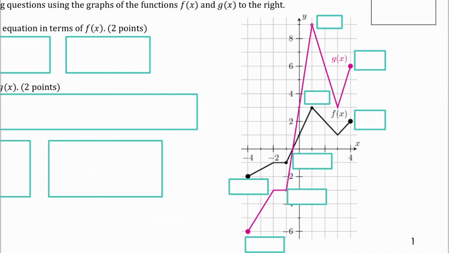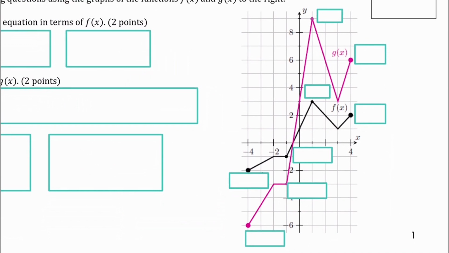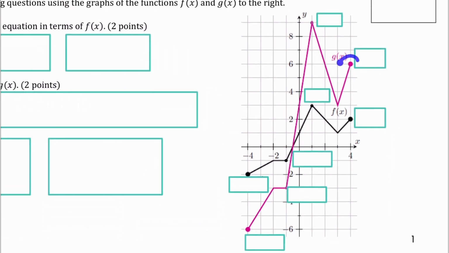So if it's being stretched, then we know for sure that it's going to be a change in the y values. But instead of just randomly guessing, let's just observe the change in the coordinates. So let's look at the change in their corresponding coordinates as such. Cool? So looking at these 2 points, for example, the original would be (4, 2), and then in g of x it becomes (4, 6).